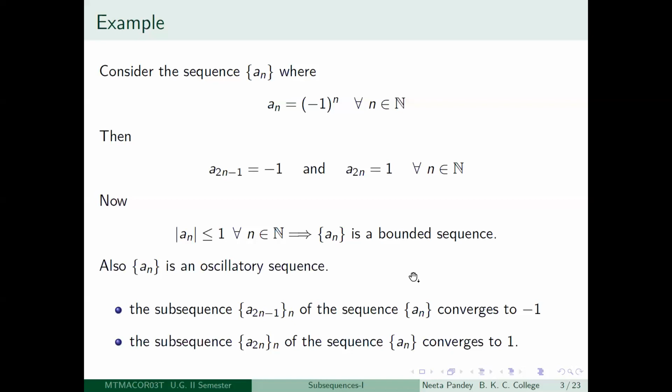So you are getting a subset of even terms, which is constructing the new subsequence. So there also all the values are going to be 1 itself. So that particular subsequence is also converging to 1, right?